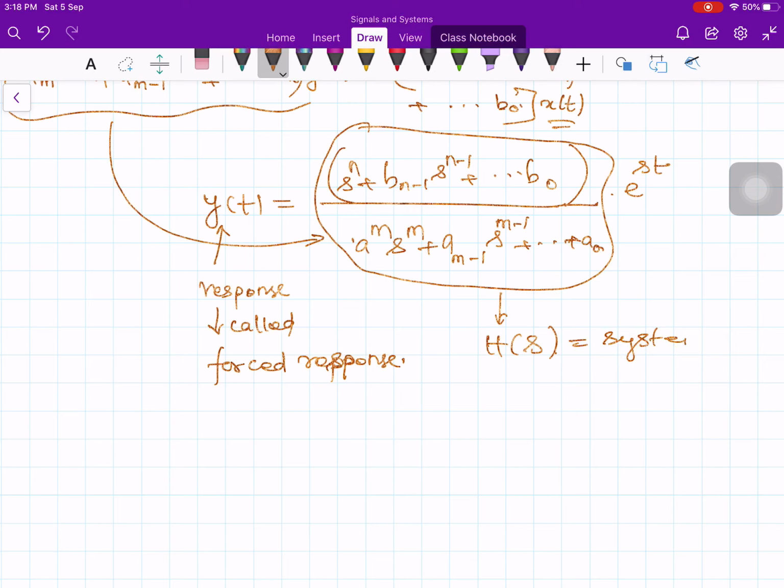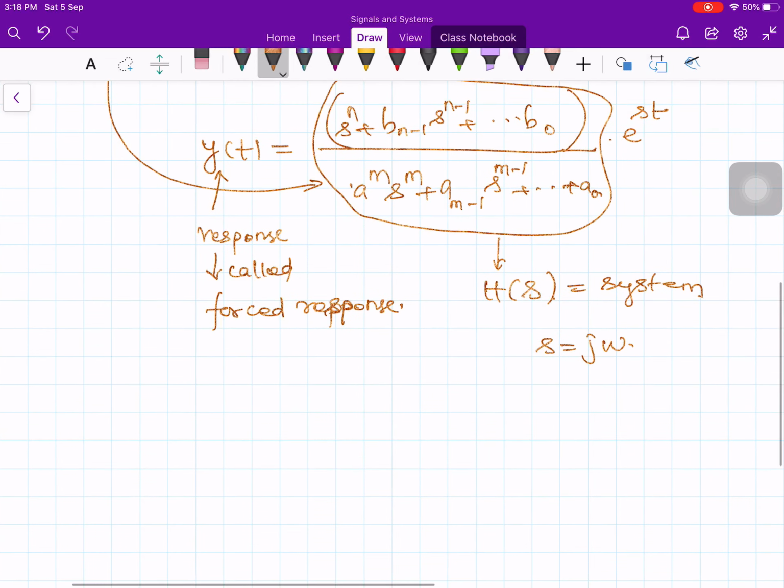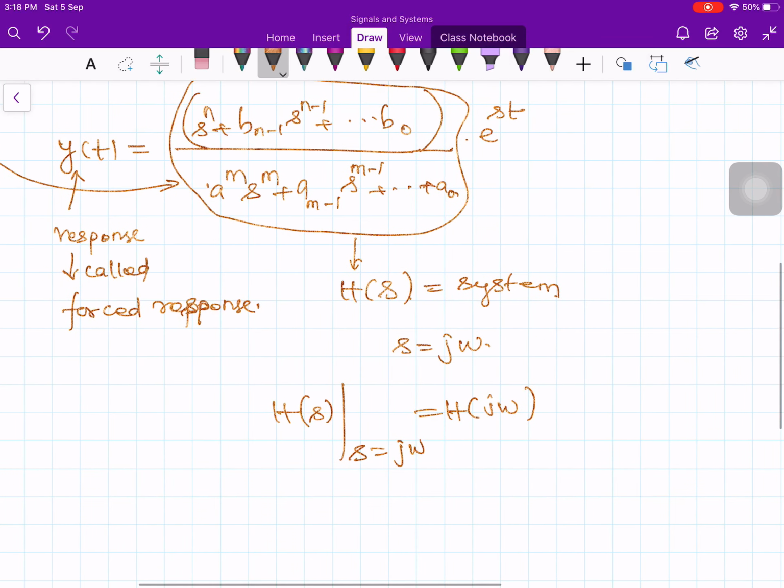We are in particular interested in the system function evaluated when s is equal to j omega. So, H of s evaluated at s equals j omega is H of j omega, and this H of j omega is called the frequency response of the system.